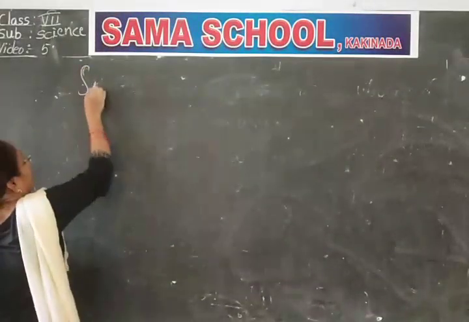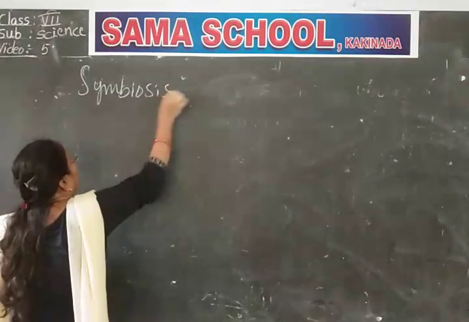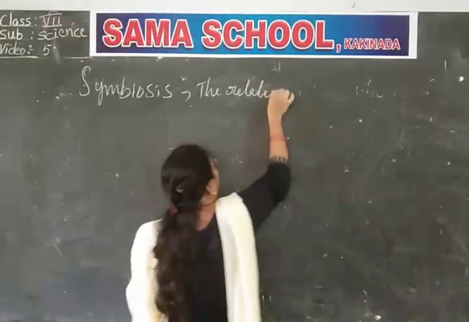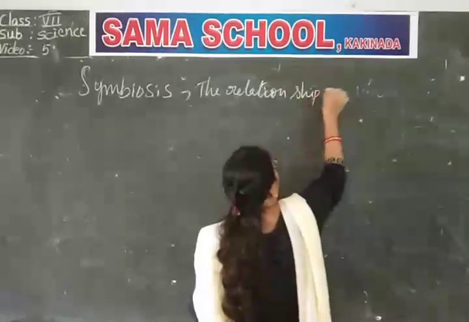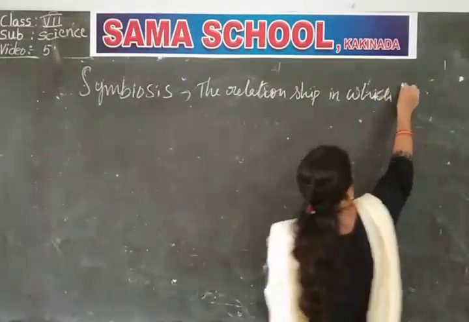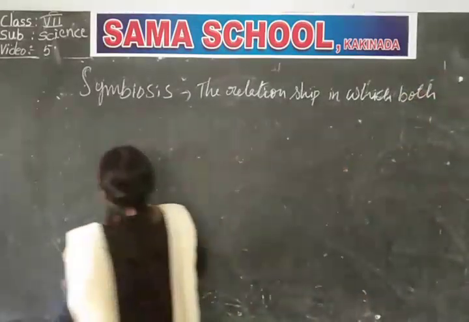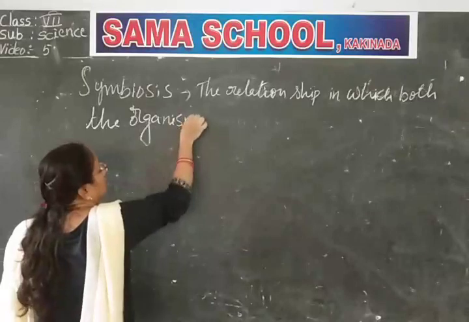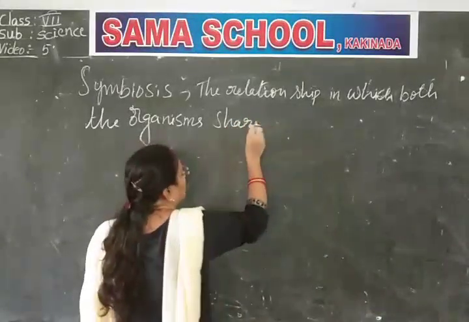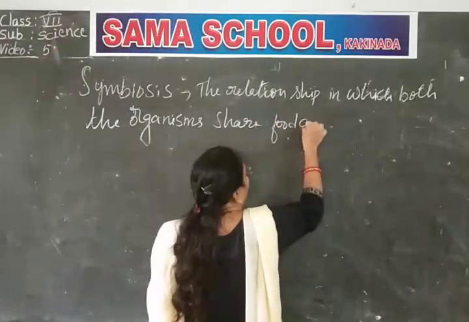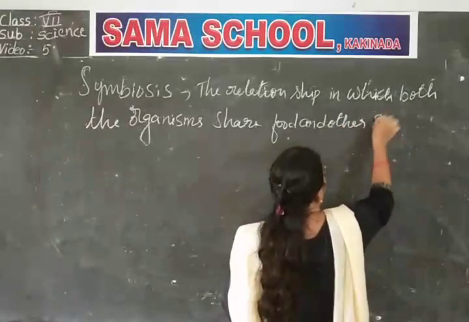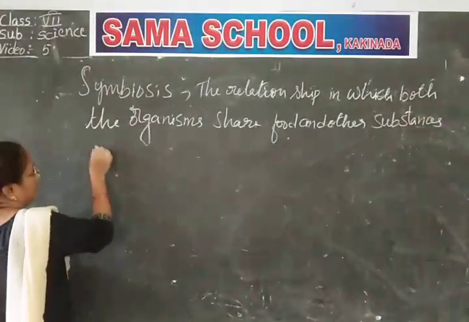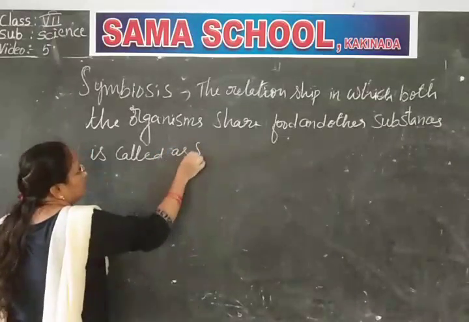Let me write again. Symbiosis: the relationship in which both the organisms share food and other substances is called symbiosis.